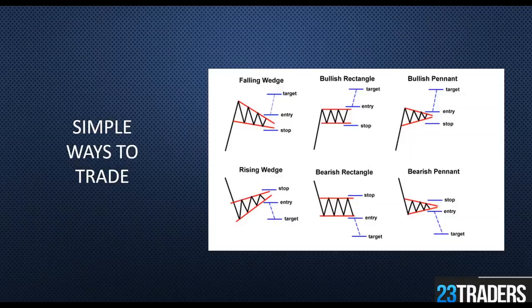Now, there are 6 simple formats. You have falling wedges, bullish triangles, bullish pennants, rising wedges, bearish triangles, and bearish pennants. When you have these correctly, and in binary options, you don't set your stop loss and take profit points.